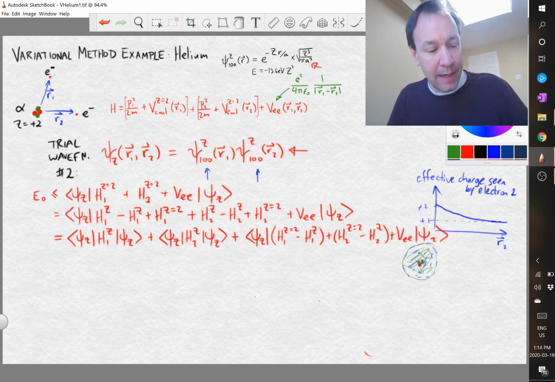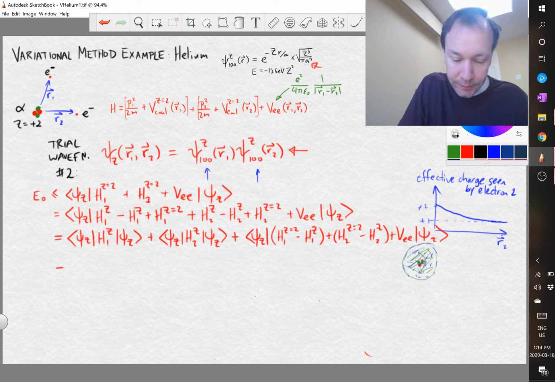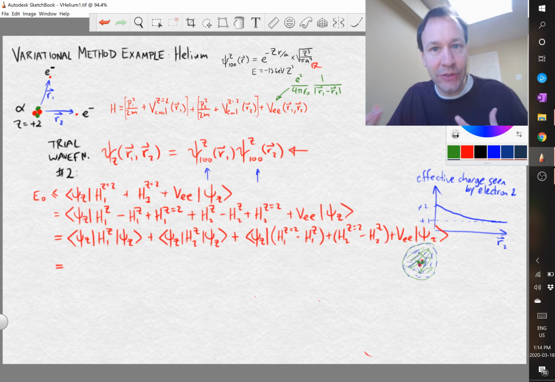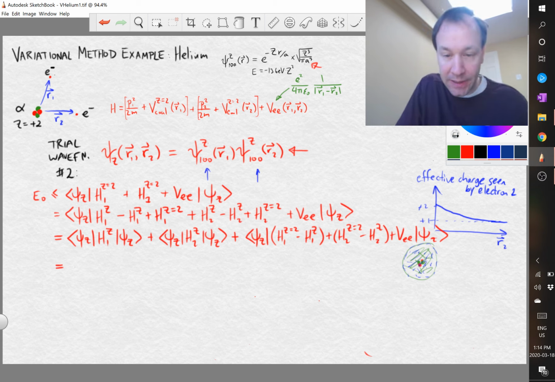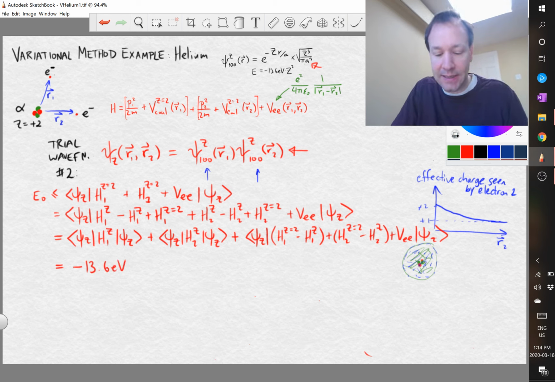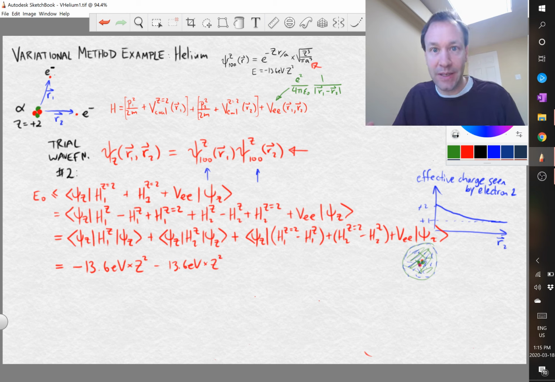Let's do the first two terms first because they're easy. H1Z acting on psi Z gives minus 13.6 electron volts times Z squared, and similarly H2Z acting on psi Z is minus 13.6 electron volts times Z squared.